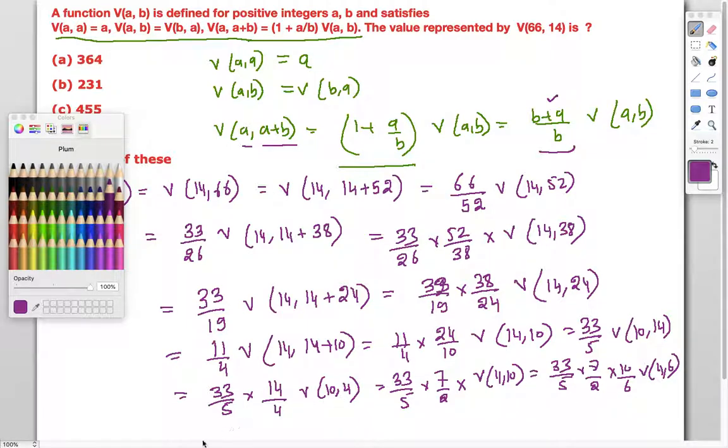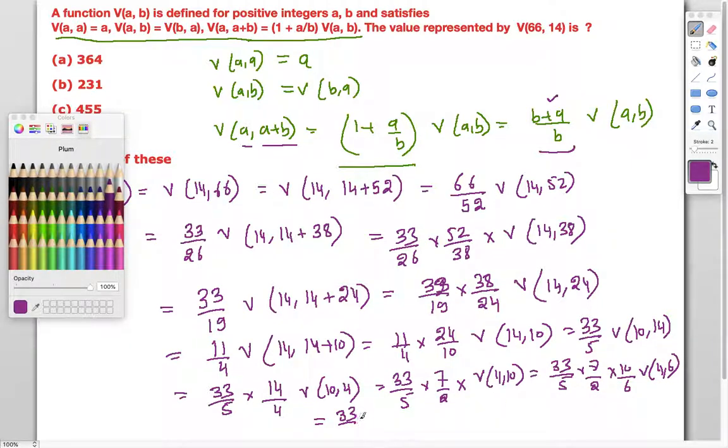Further, you can simplify. That is 33 by 5 into 7 by 2 into 10 by 6. Directly, 5 times 2 is 10, it gets cancelled, and 33 by 6 gives 11 by 2.